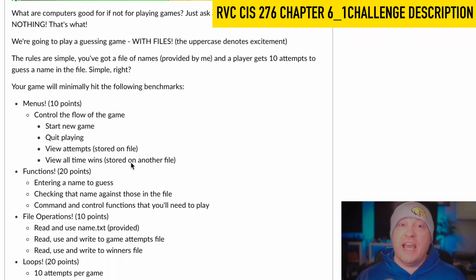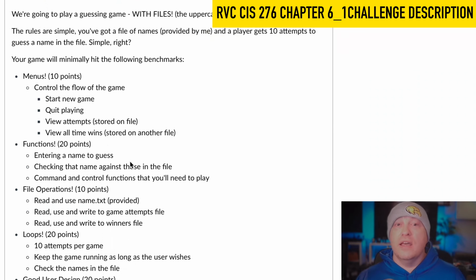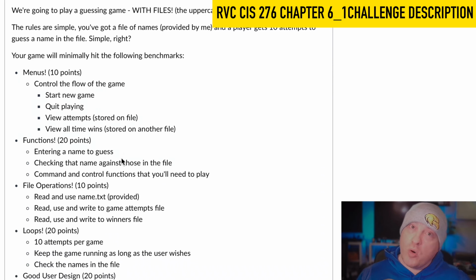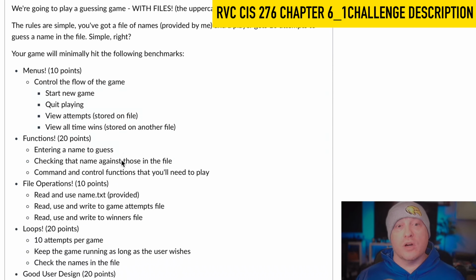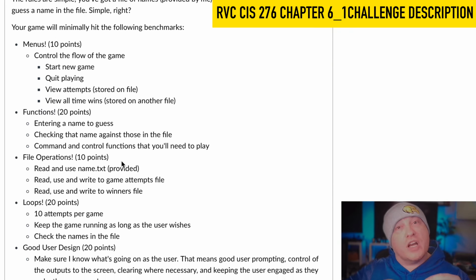So here we have the rules set up. And remember, if you follow your way down the points values here, you can see the important pieces and how you might want to structure your code. So first and foremost, menus. You need to control the flow of the game.